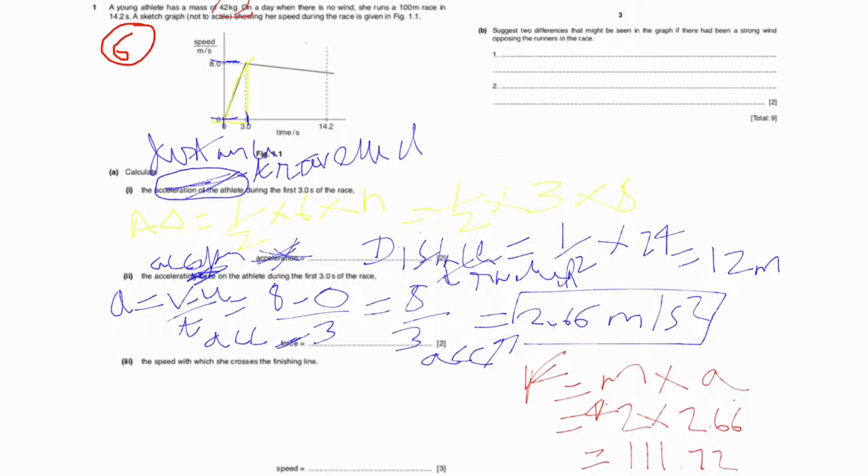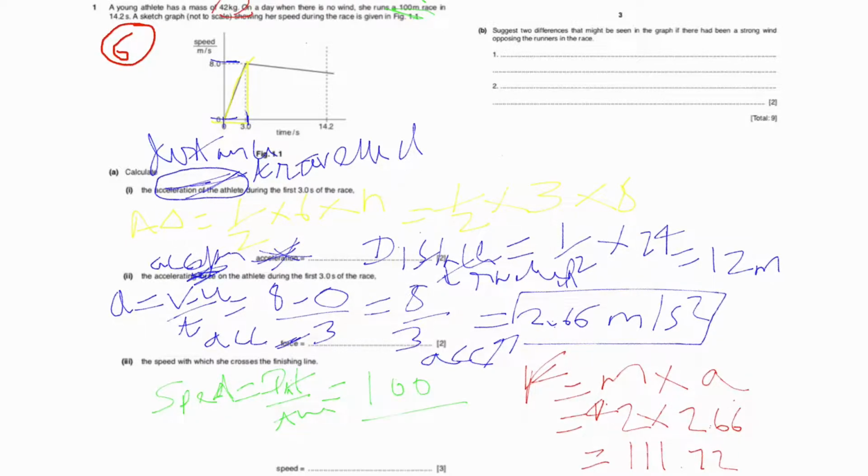So speed equals distance upon time. This formula we will use. Speed equals distance upon time. So the distance is given in the question as 100 meters. So 100 meters upon time.